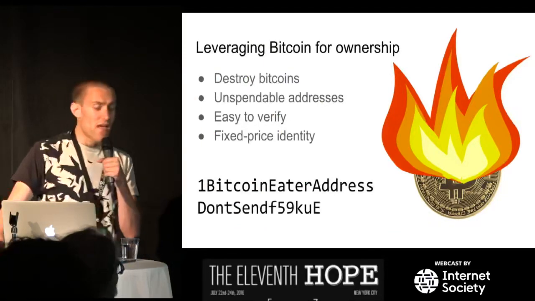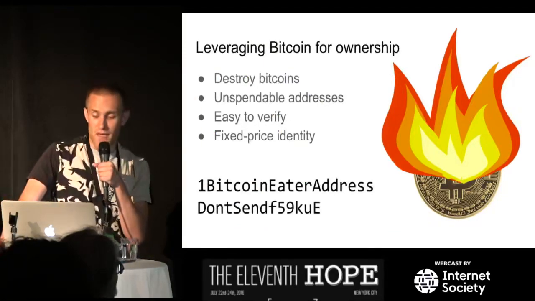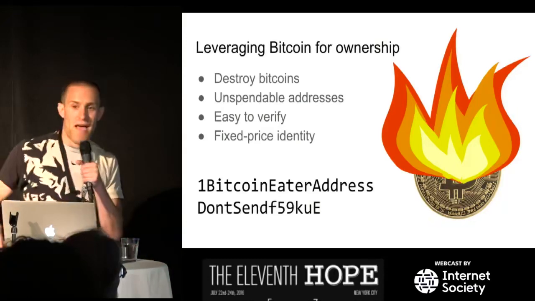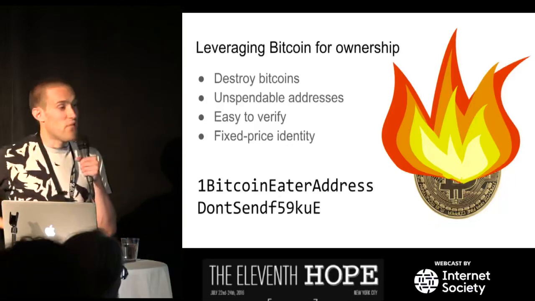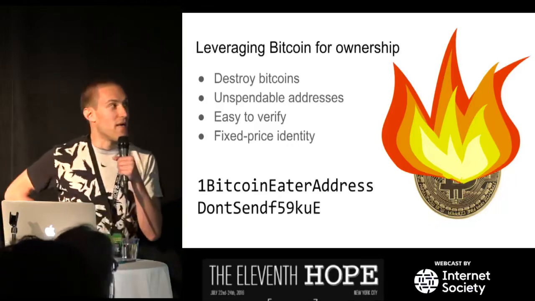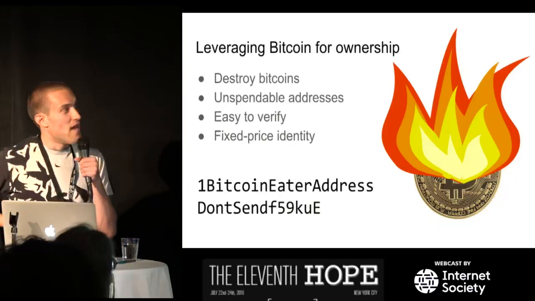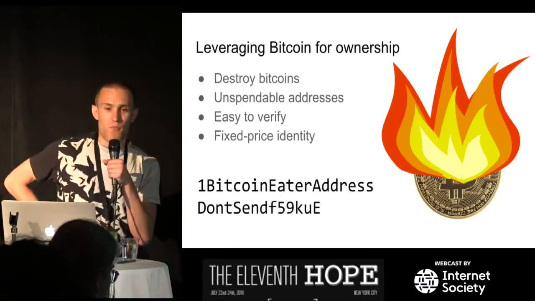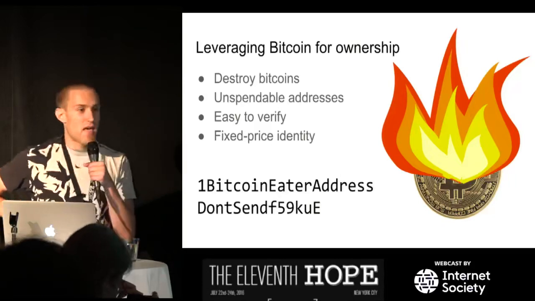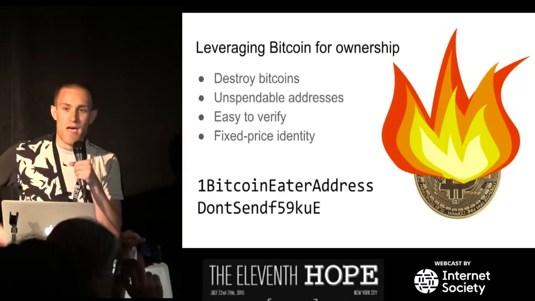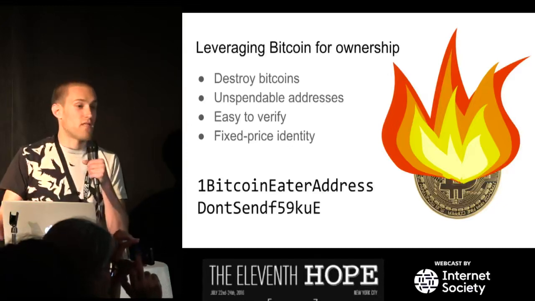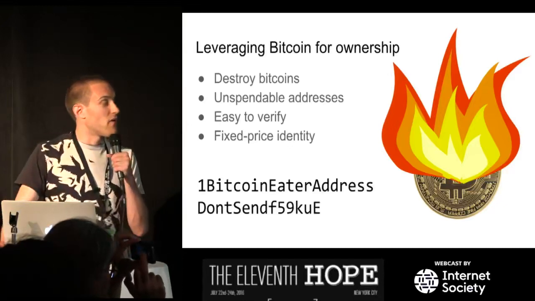So there's another way to think about destroying resources now that Bitcoin exists. One important aspect of the Bitcoin network is anybody can send money to anybody else. If we could create a way to provably destroy Bitcoins, then that gives us a way to basically burn resources for ownership in our network.